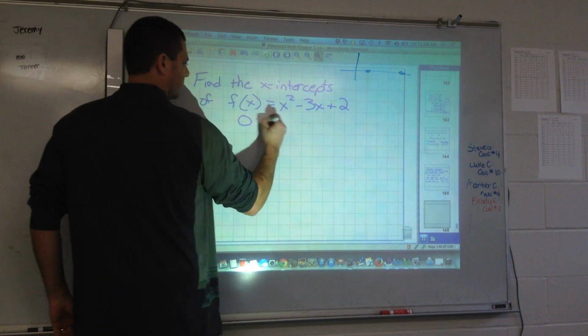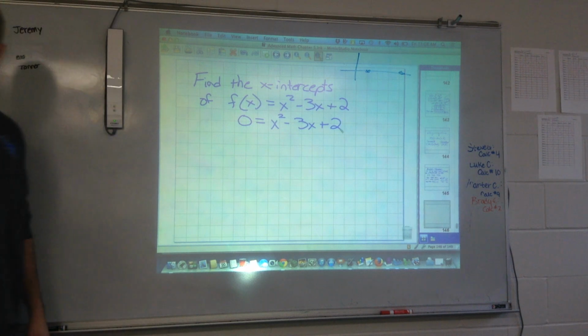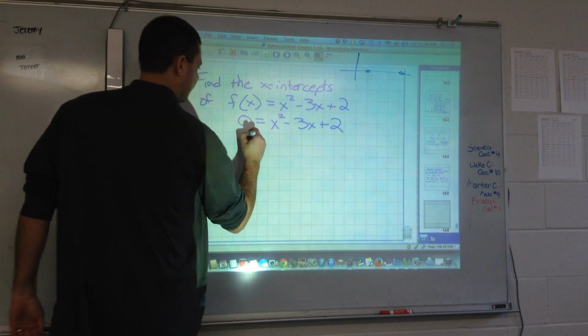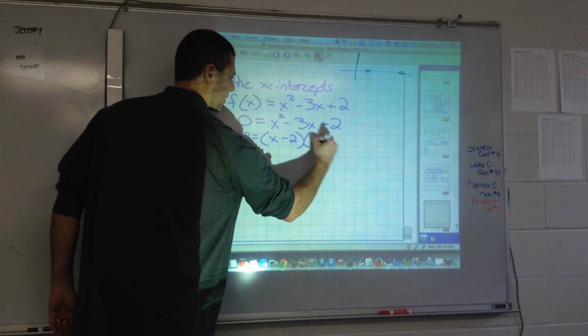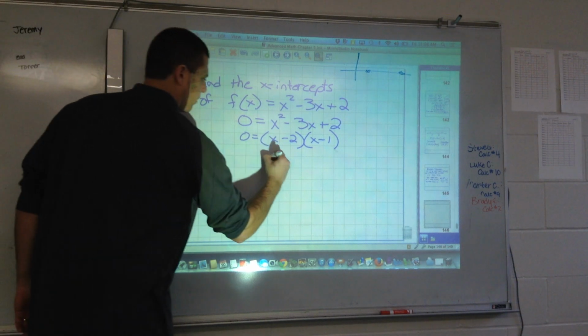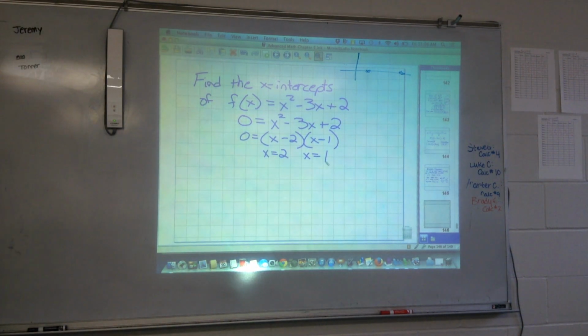So 0 equals x squared minus 3x plus 2. How do you solve that? Factor. Hope it's factorable, so you don't have to use the quadratic formula. x minus 2, x minus 1, right? So therefore x equals 2 and x equals 1.